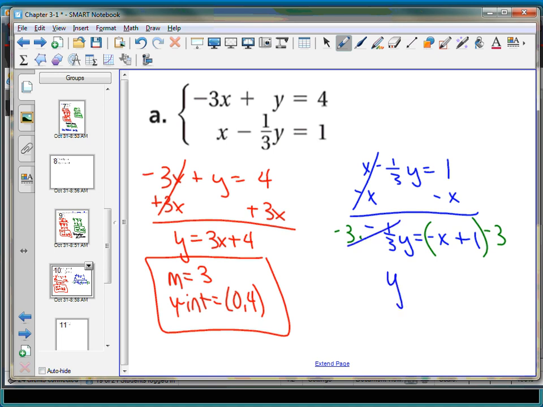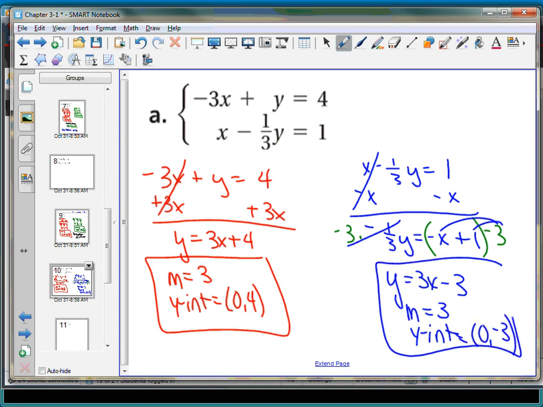So this is going to be y is equal to, distribute, 3x minus 3. What's my slope? Positive 3. And my y-intercept? 0, negative 3. Box it in. My slopes are the same or different? Same. Are my y-intercepts the same or different? They're different. So what's that going to be? Inconsistent.